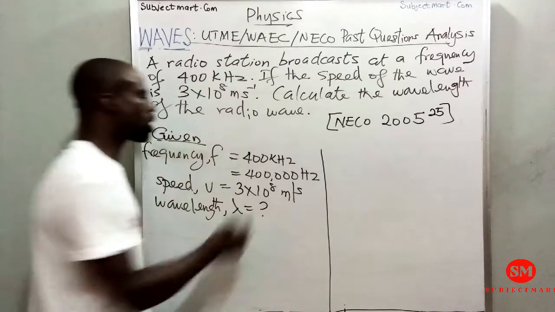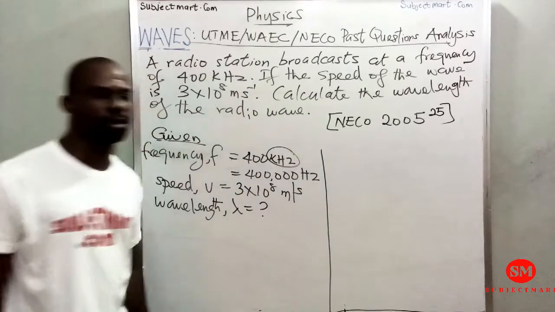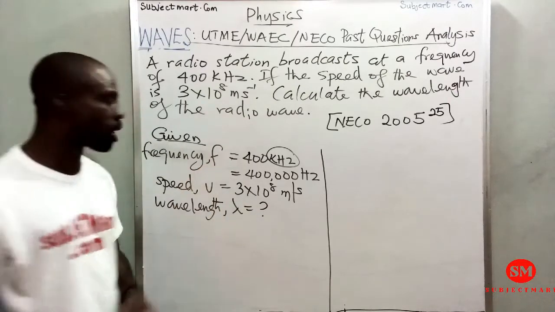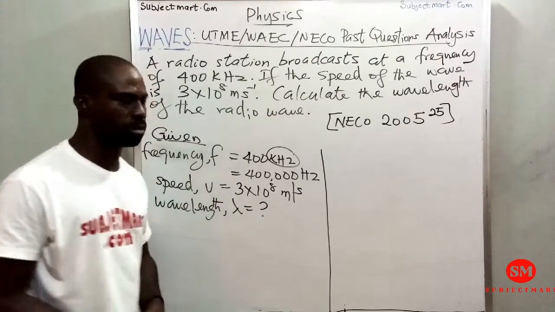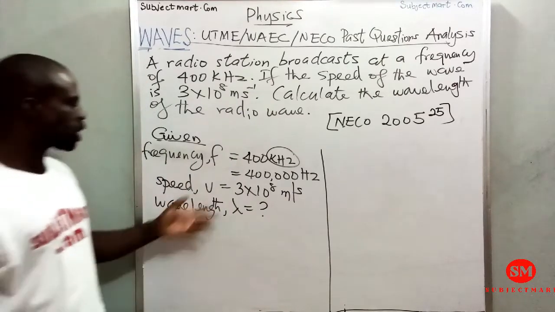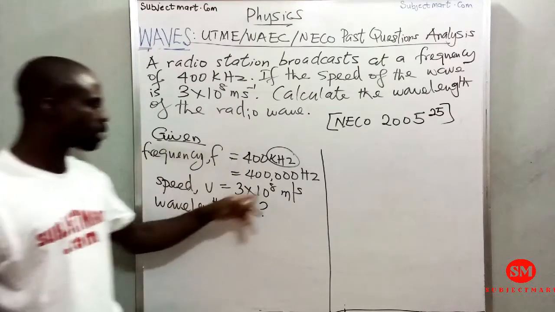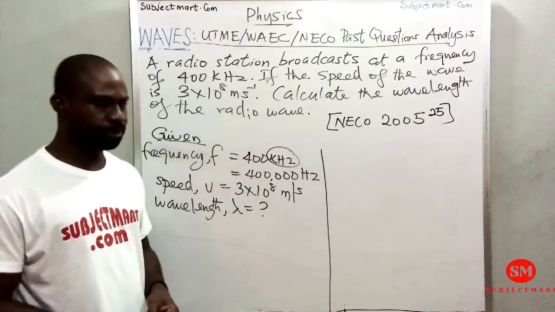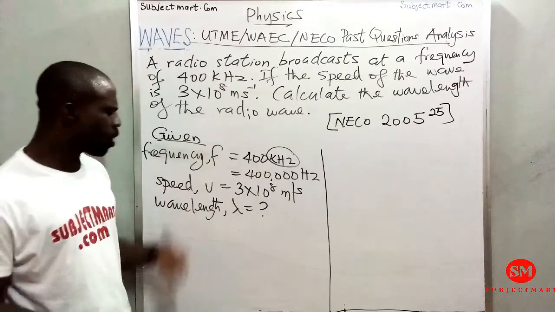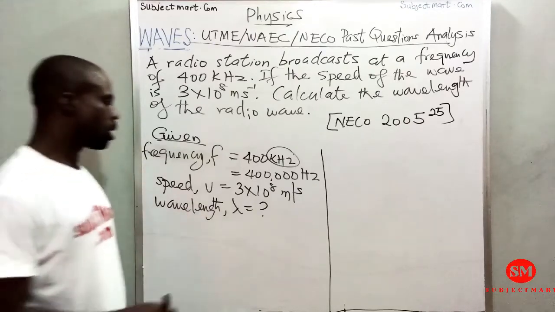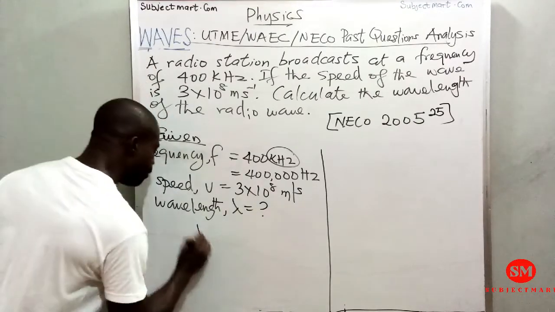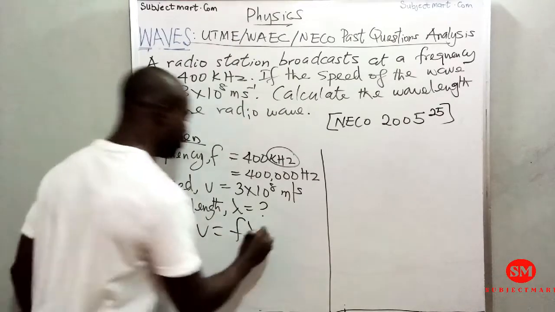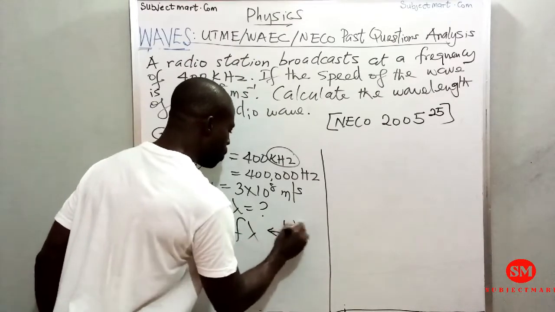We don't work in kilohertz because the unit of frequency is hertz. We convert by multiplying by 1000 and we get 400,000 hertz. Number 2, we are given the speed, 10 to the power 8 meters per second, and this is the speed for every electromagnetic wave. Wavelength is unknown, and the formula is V equals F lambda. That is the general wave formula, the wave equation.